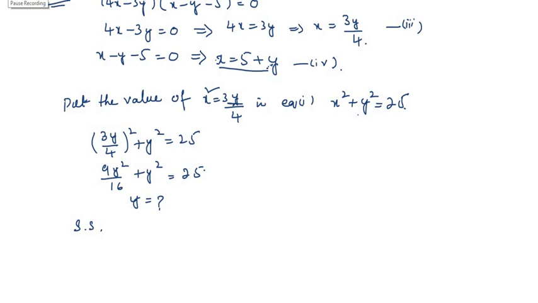And question number 9. In question number 9, we are given two equations. One is y square plus z square is equal to 16, and the other is 2y square minus 3yz plus z square is equal to 0.